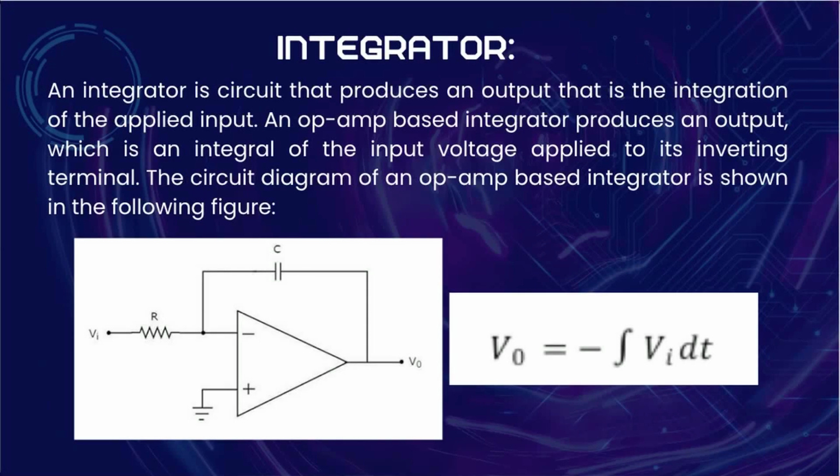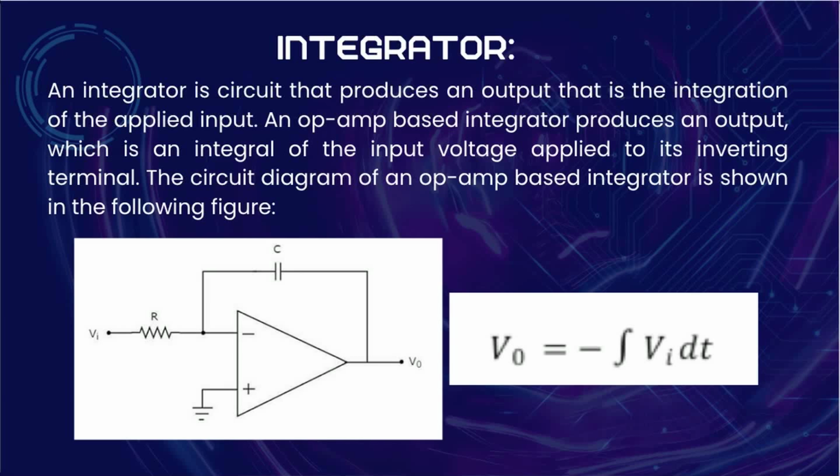Integrator. An integrator is a circuit that produces an output that is the integration of the applied input. An op-amp based integrator produces an output which is an integral of the input voltage applied to its inverting terminal. This is the circuit diagram for the integrator. In this circuit, the non-inverting input terminal is connected to the ground.